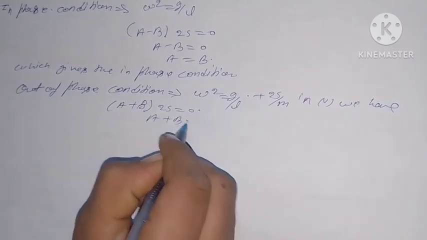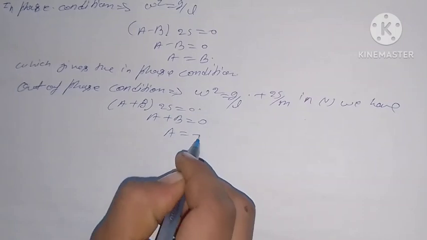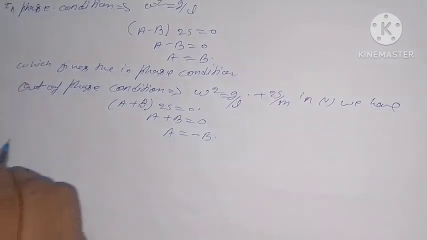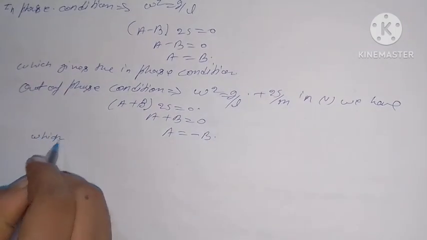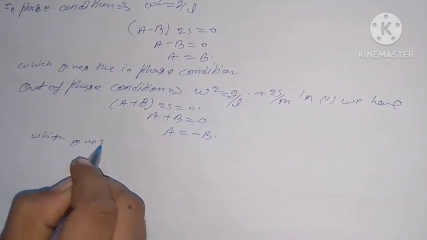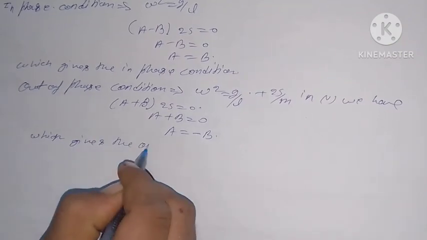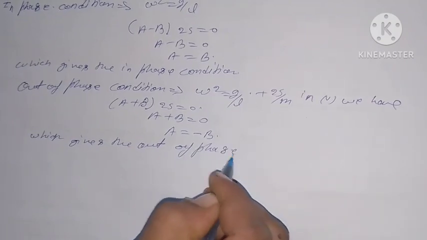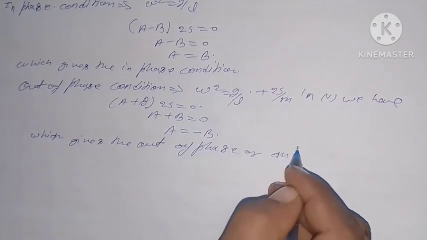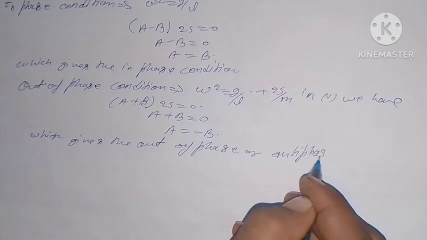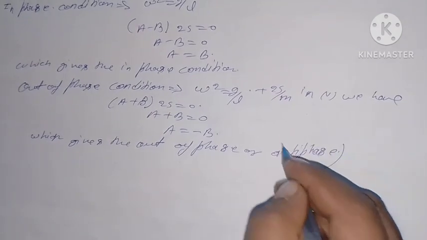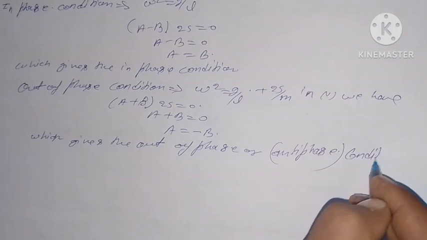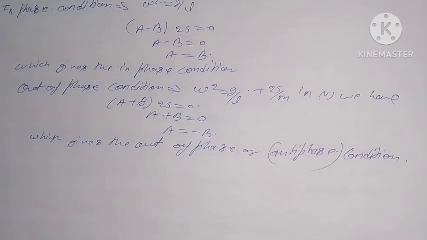Then a + b = 0, then a = −b, which gives the out-of-phase or anti-phase condition. Okay. So, next, exchange of energy between two normal modes.